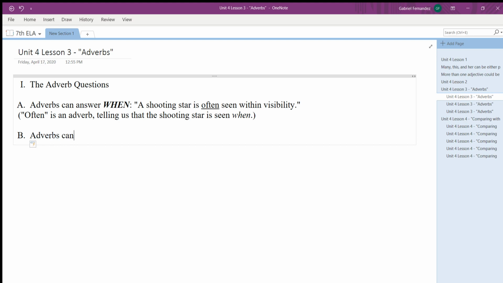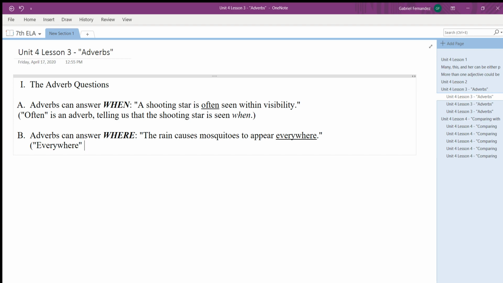Adverbs can answer where. As in the example, the rain causes mosquitoes to appear everywhere. And that last word is our adverb. How do we know that?